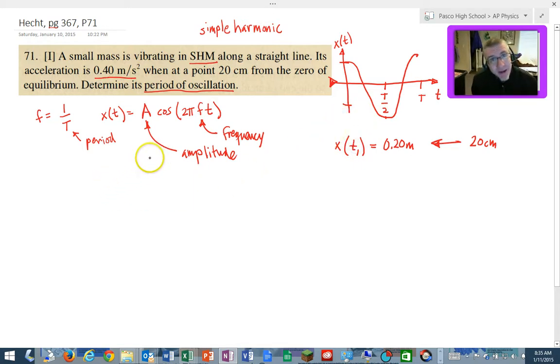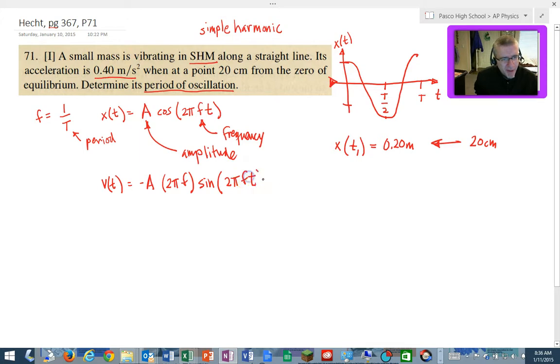We know that we can get the equations for velocity and acceleration from the equation for displacement, taking the derivative. And so you get v of t, taking the derivative, equals minus a times, hang on, gotta do the chain rule here, 2 pi times f times the sine of 2 pi f t.